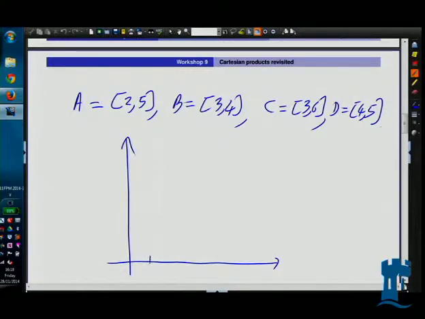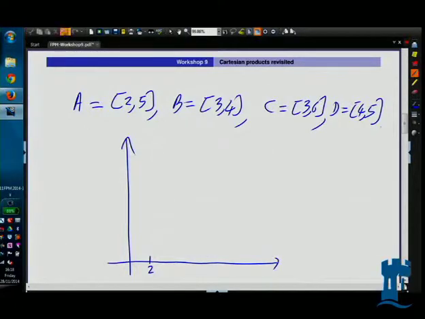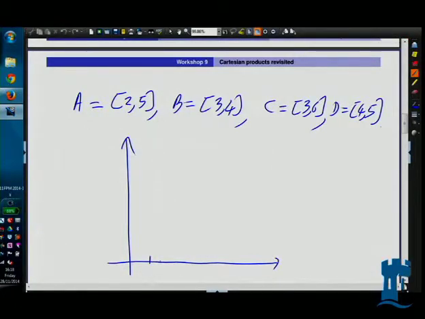So let's have 2, ooh, that's not very good. Let's go back. Let's do 2, 3, 4, 5. And the other ones we're going between 3 and 6. So let's start here, 3, 4, 5 and 6.